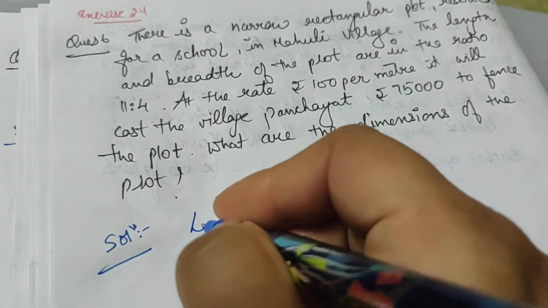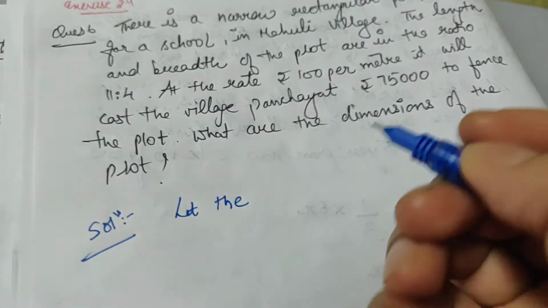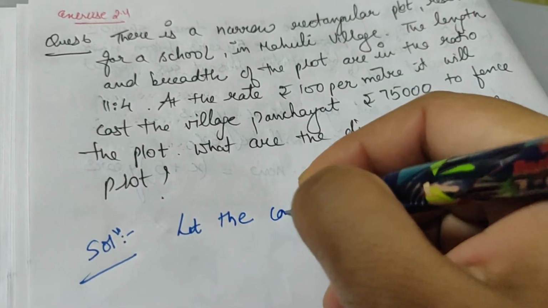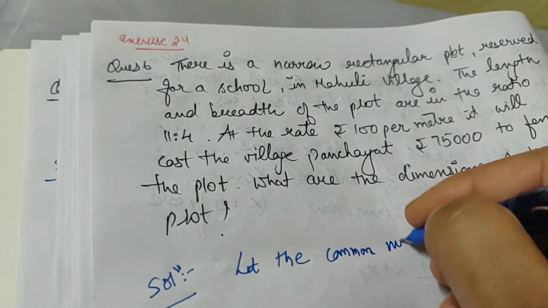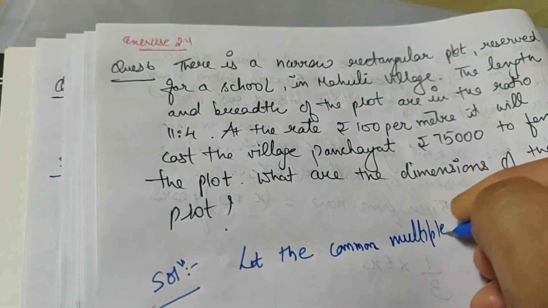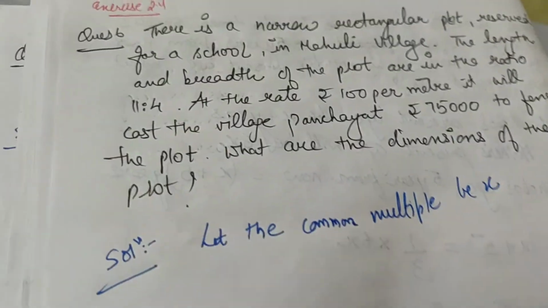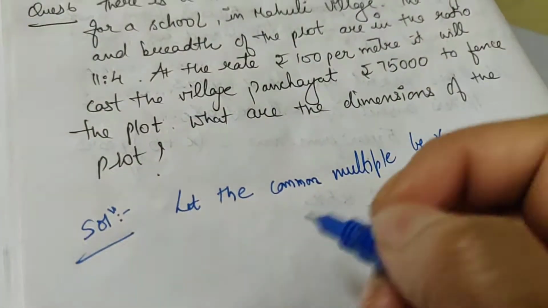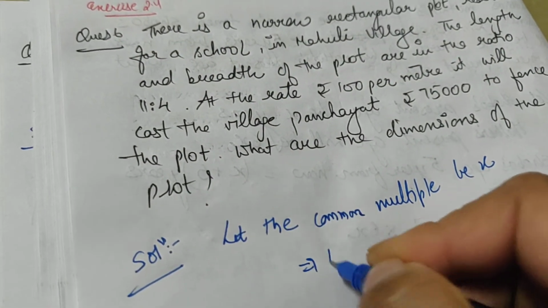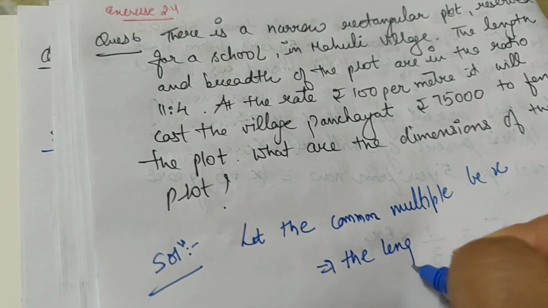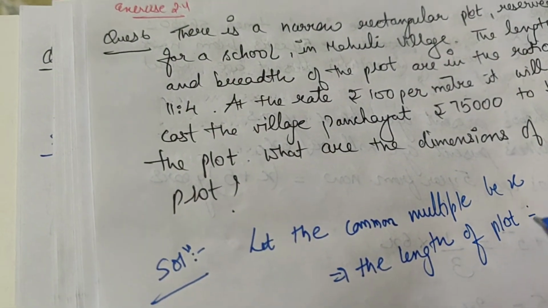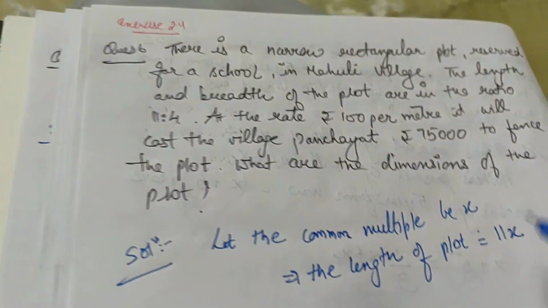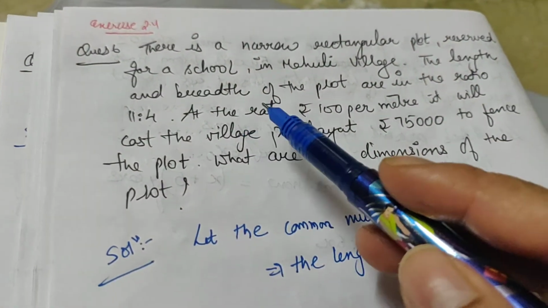So we write, when we have the ratio, we write the common multiple that we have to find. The x that we'll be calculating. Let the common multiple be x. Then we say that therefore the length of plot will be 11x, because it says the ratio between the length and the breadth of the plot.